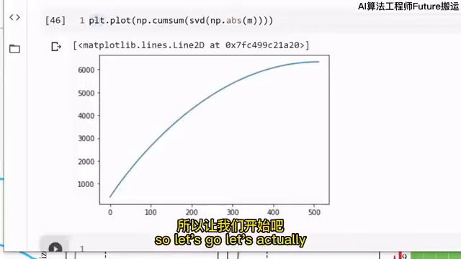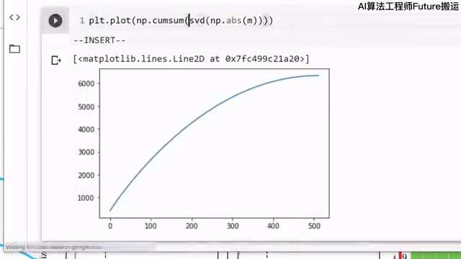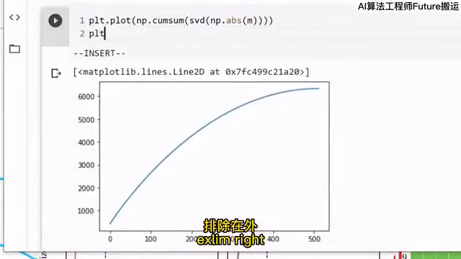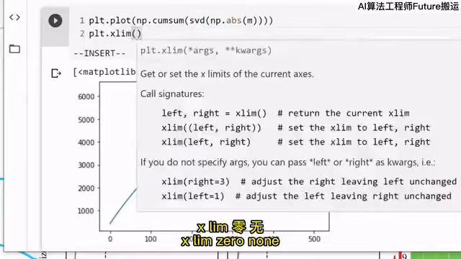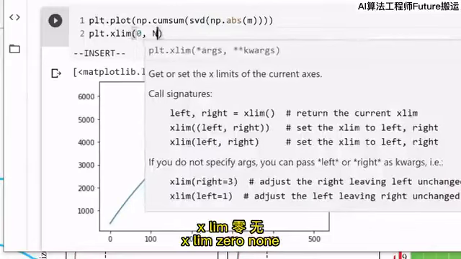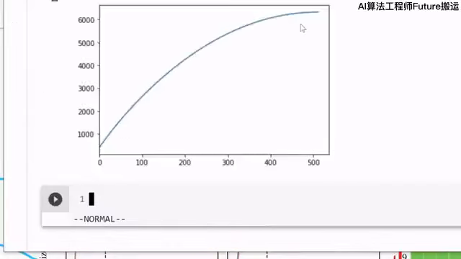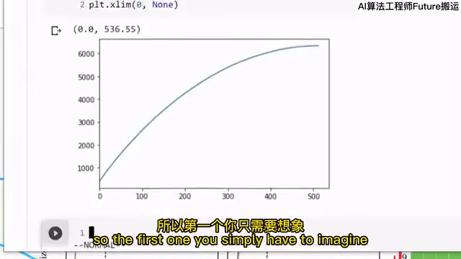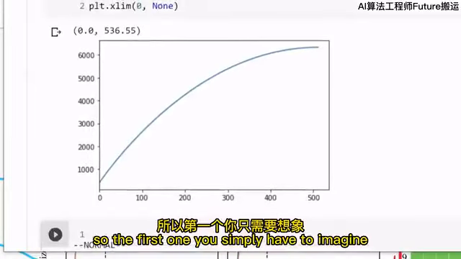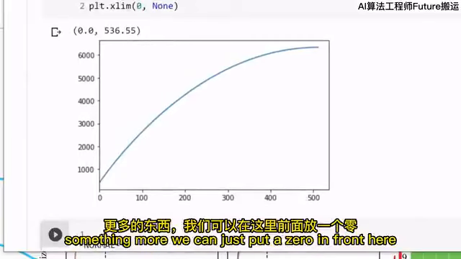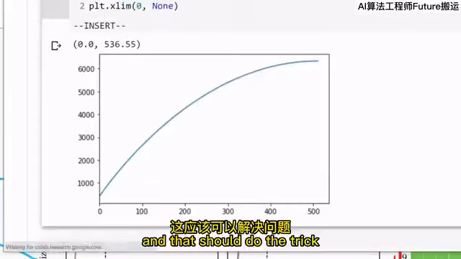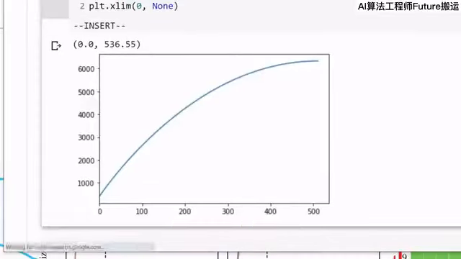So, how do we do this? xlim, right? xlim 0, none. Okay. So the first one you simply have to imagine, or I can do even something more. We can just put a 0 in front here, and that should do the trick.